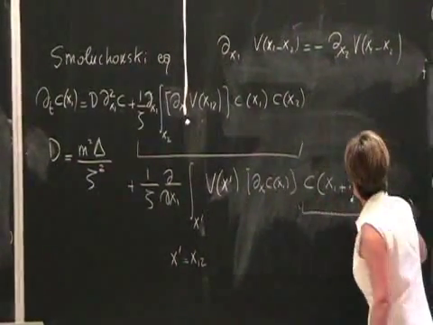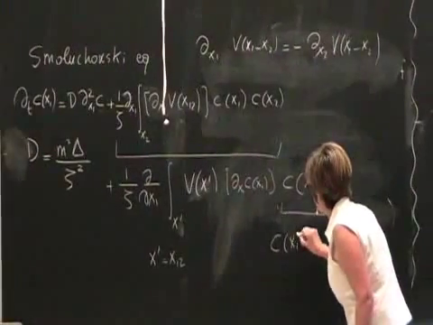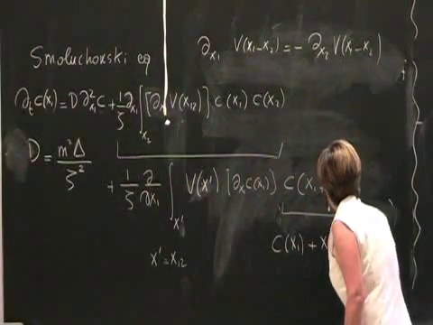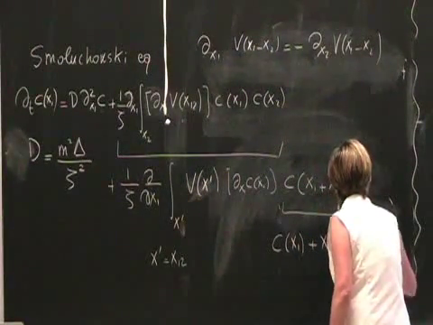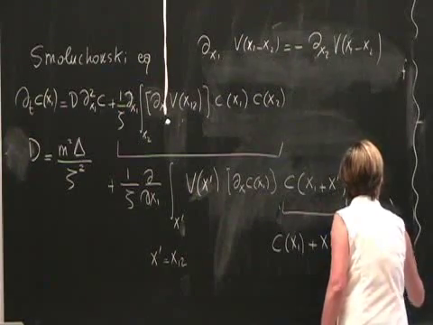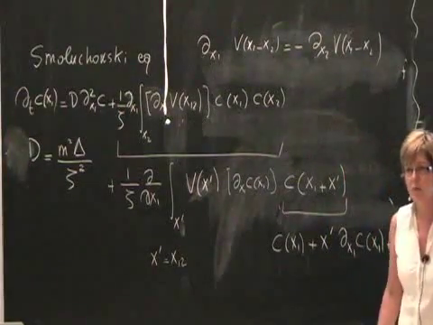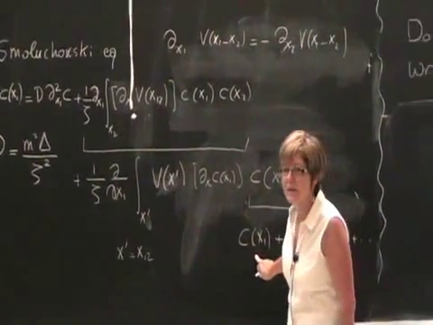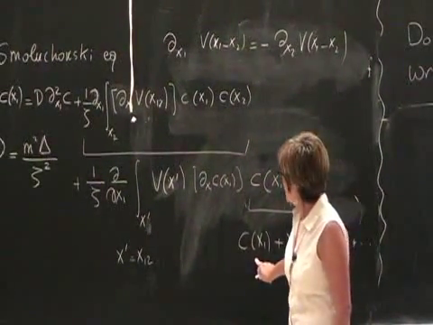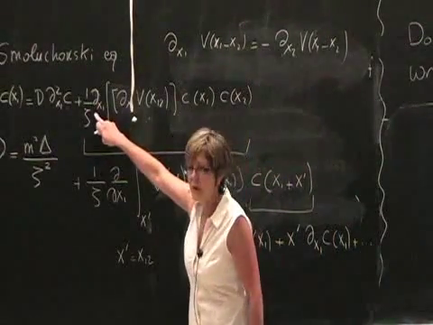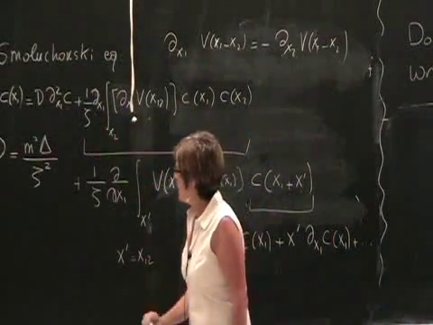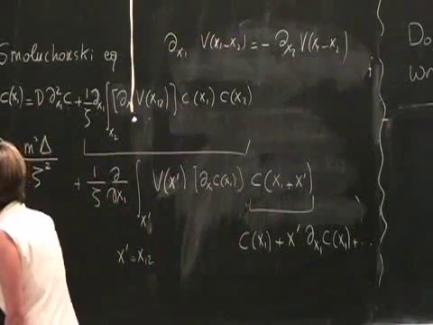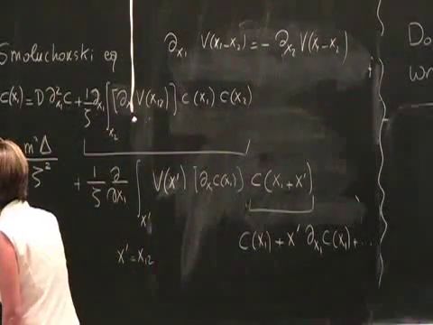So now I write it c of x1 plus x prime, derivative with respect to x1, c of x1, plus more terms. And if I only retain the lowest order term, which already contains 1 and 2 derivatives over here, eventually the equation I end up with has the following form.